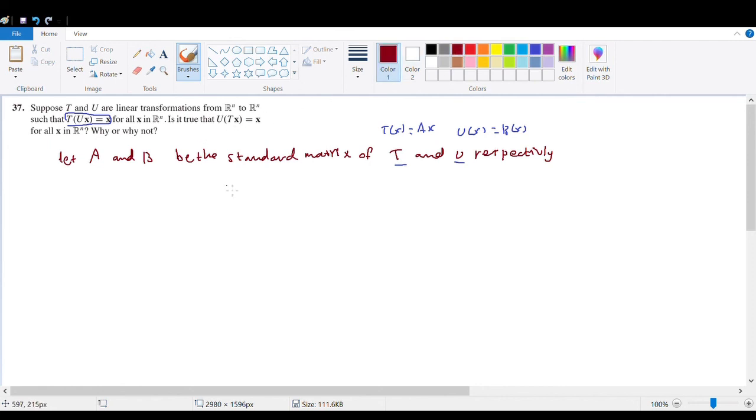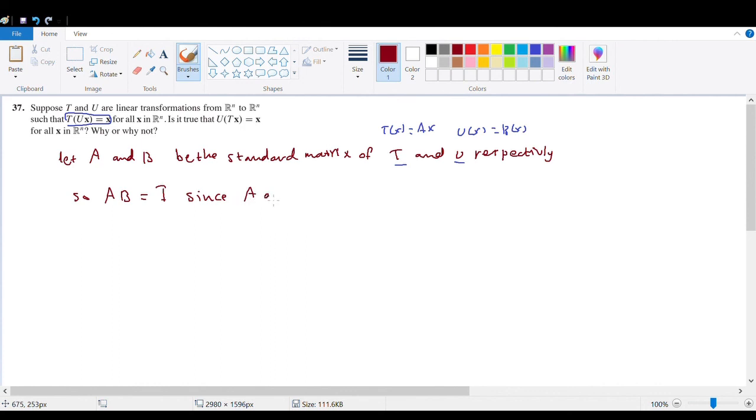So now let us compare. If we assume that A and B are the standard matrices of T(x) equal to Ax and U(x) equal to Bx respectively, then we have AB is equal to I, the identity matrix.